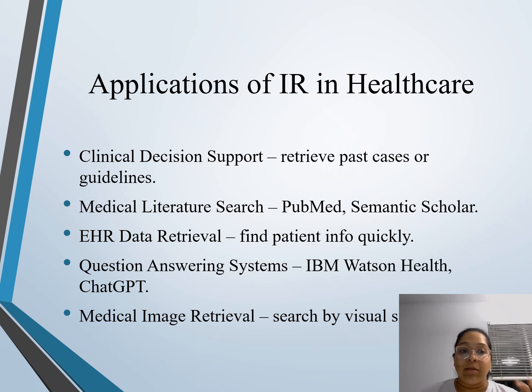Hospitals use IR systems to let clinicians search patients' histories, for example, all diabetic patients with abnormal ECG results. Then, question answering systems. AI systems like IBM Watson or ChatGPT-style assistants use IR and NLP to answer natural language medical questions.